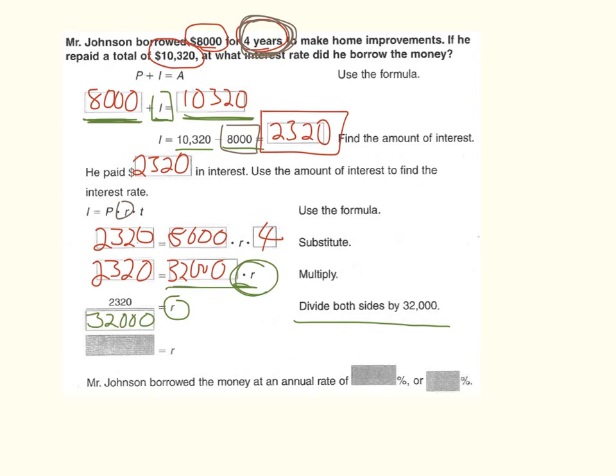And if I plug in 2,320 divided by 32,000 into my calculator, I get 0.0725. In order to go from there to a percent, I just got to move this over 2 spots. So my annual simple interest rate is 7.25%.